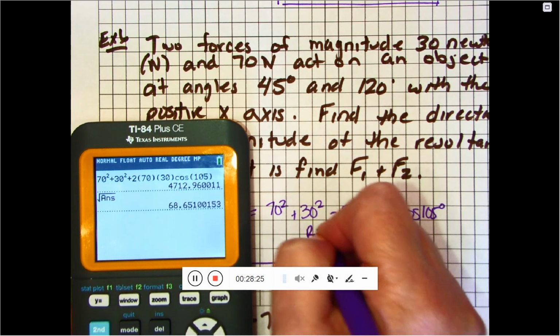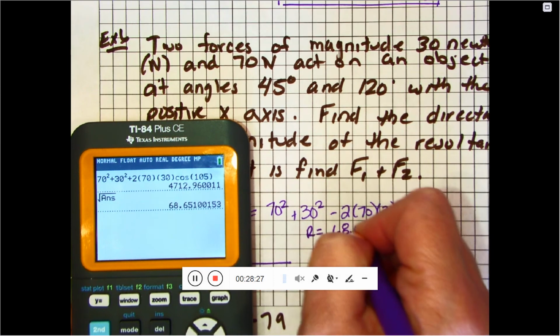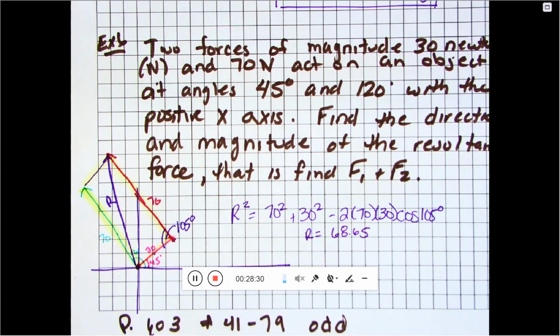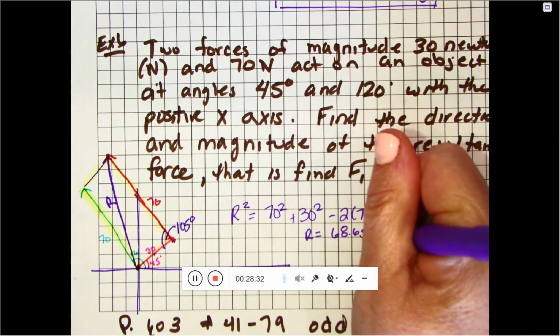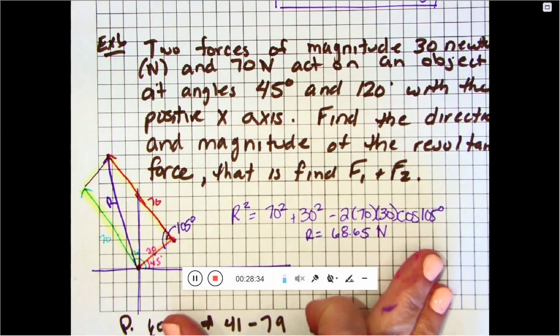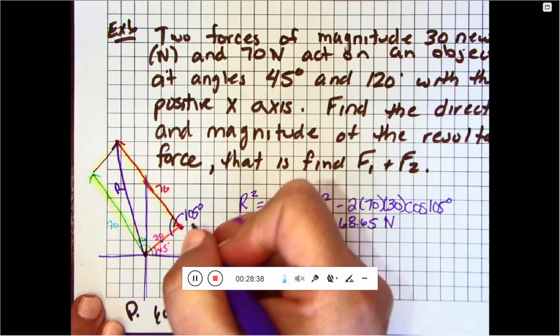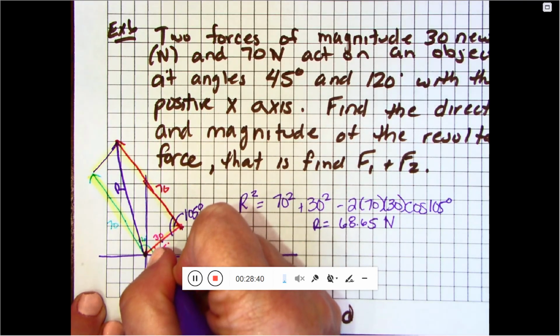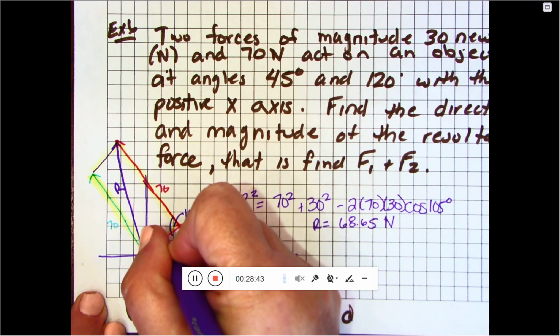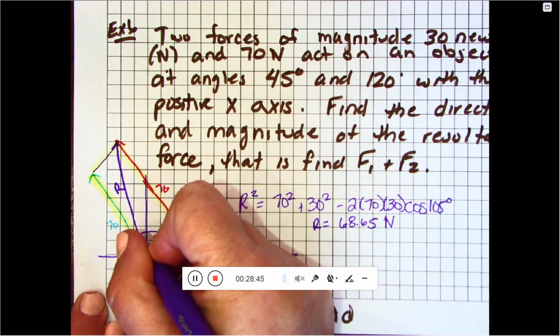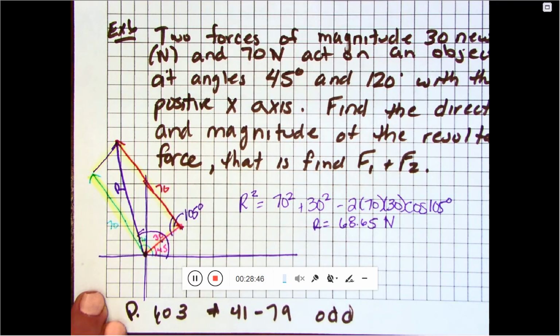So the magnitude of my resultant vector is 68.65 newtons. Okay, now I need to find the direction of the vector. So the direction of the vector is going to be from the positive x-axis all the way to the purple line, to the resultant vector.